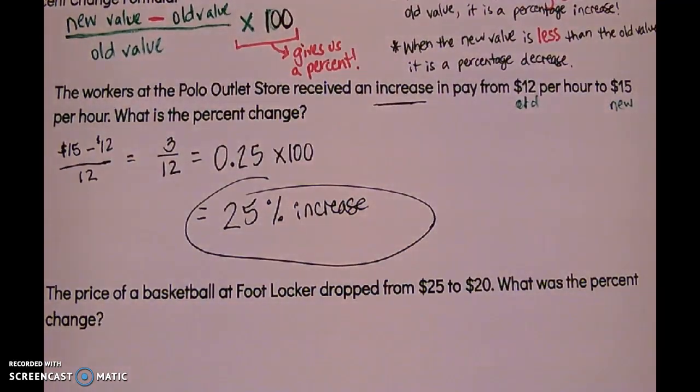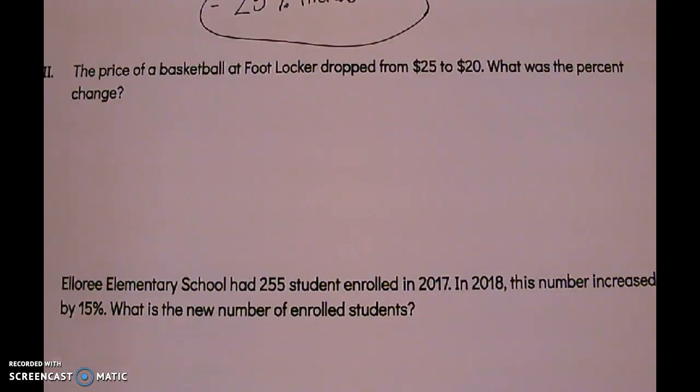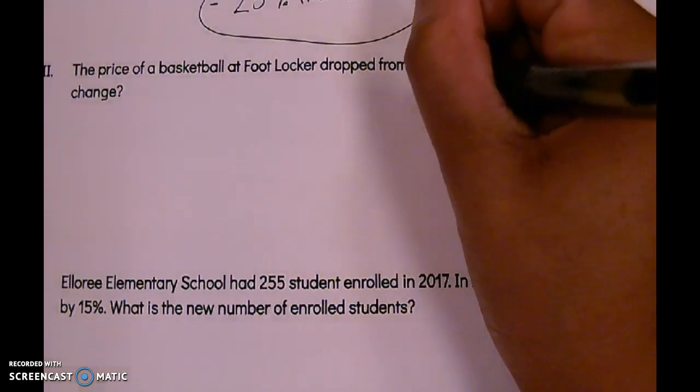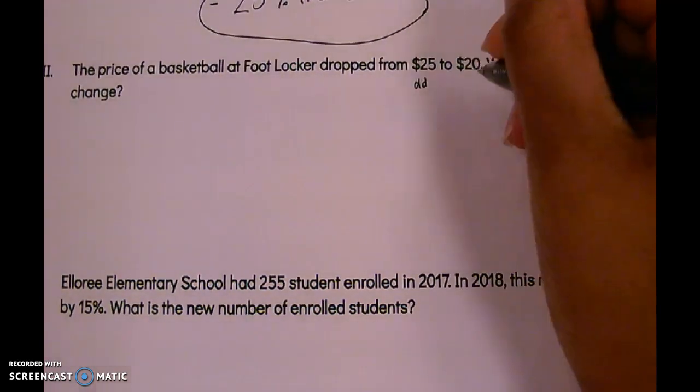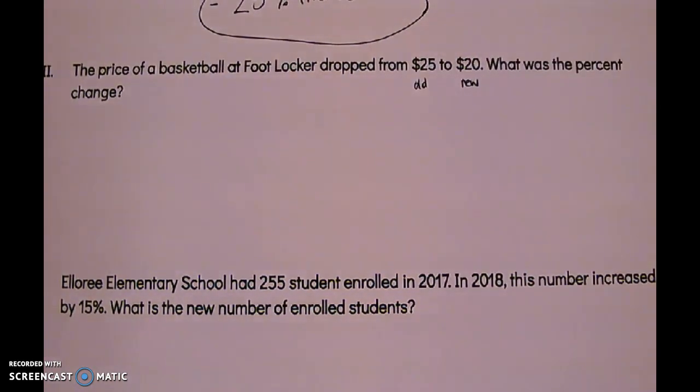Now let's look at our next problem. The price of a basketball at Foot Locker dropped from $25 to $20. What was the percent change? Well, the first thing I'm going to do is identify my old value and my new value. And then I'm going to plug that into my equation.